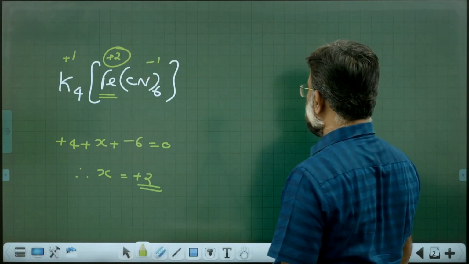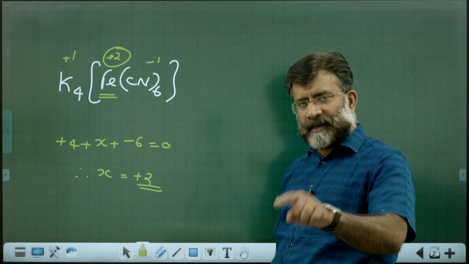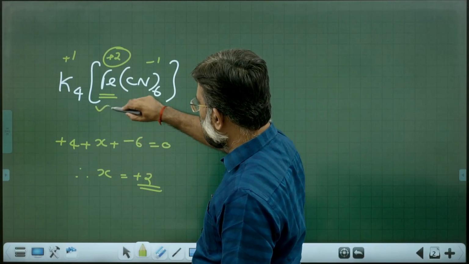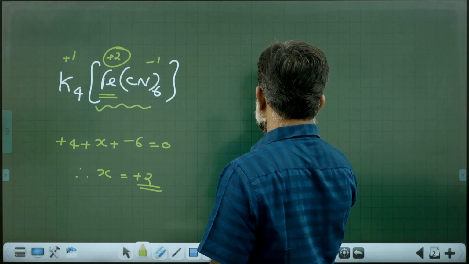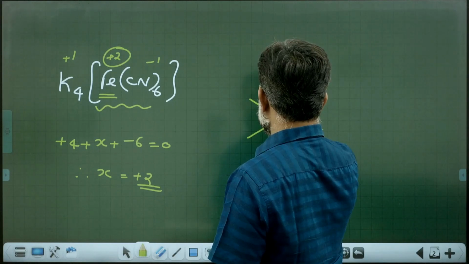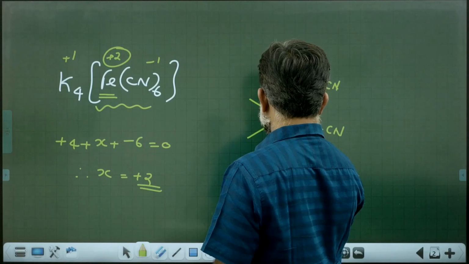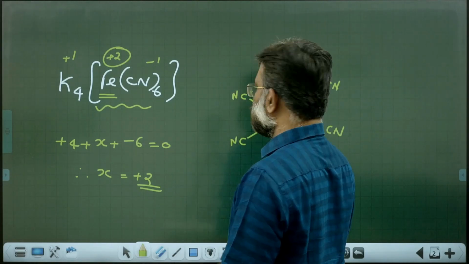Primary valence means ionizable valence. Secondary valence means non-ionizable valence, which is satisfied inside the complex. It is Fe surrounded by 6 cyanides. You see that? Cyanide 1, 2, 3, 4, 5, 6.